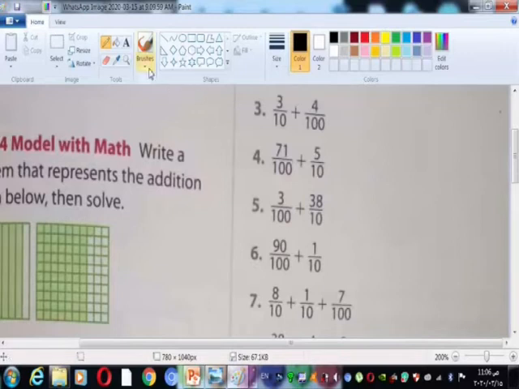As we learned before, we have to multiply here by 10 and multiply down by 10.